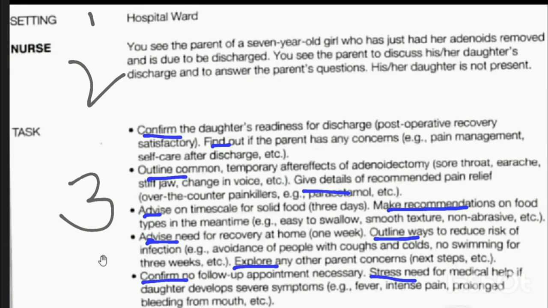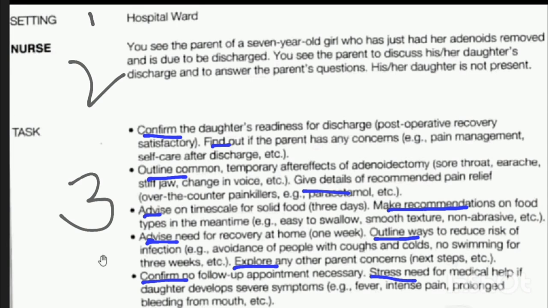Okay, the nurse can reply like this. And another is the nurse can also say like this, we have read the task to avoid the risk of infection. So for this, the sentence is, currently she is highly prone to get infected. Therefore, it is very essential to avoid situations that can spread infection, to avoid contact with people having cold and cough.